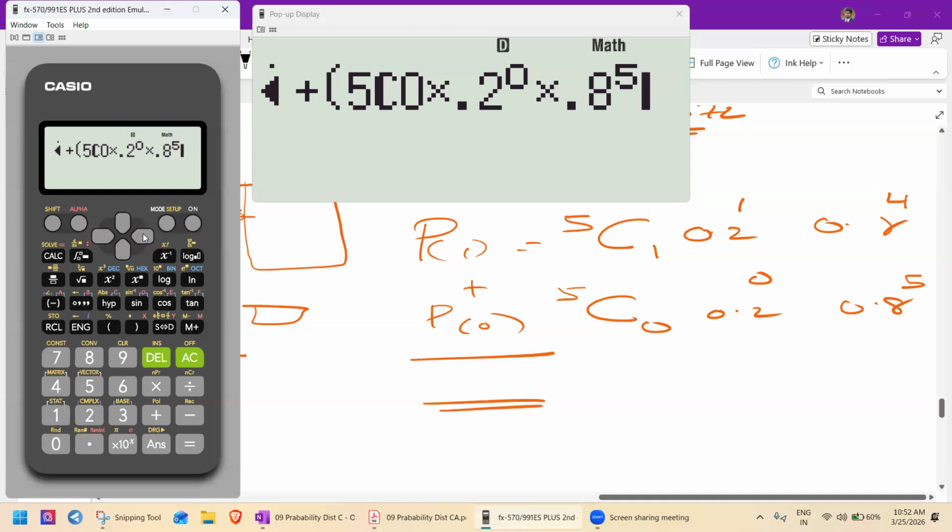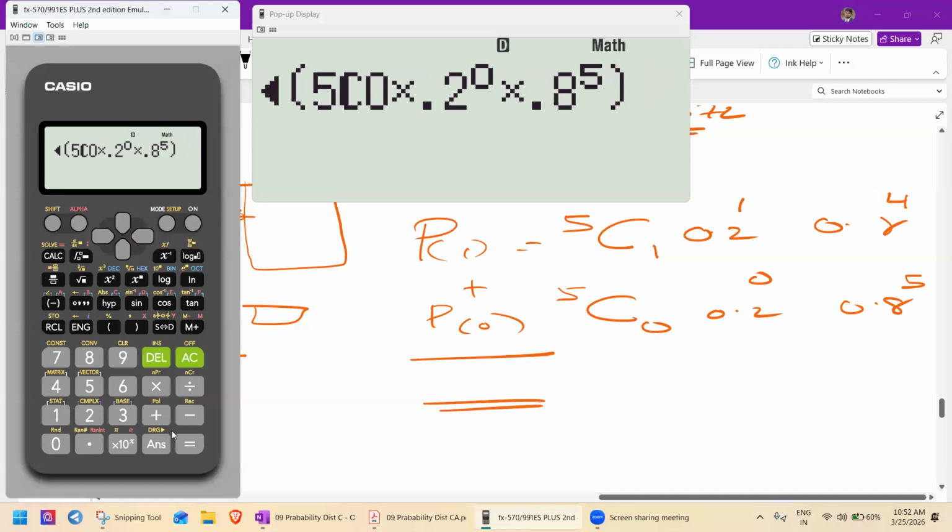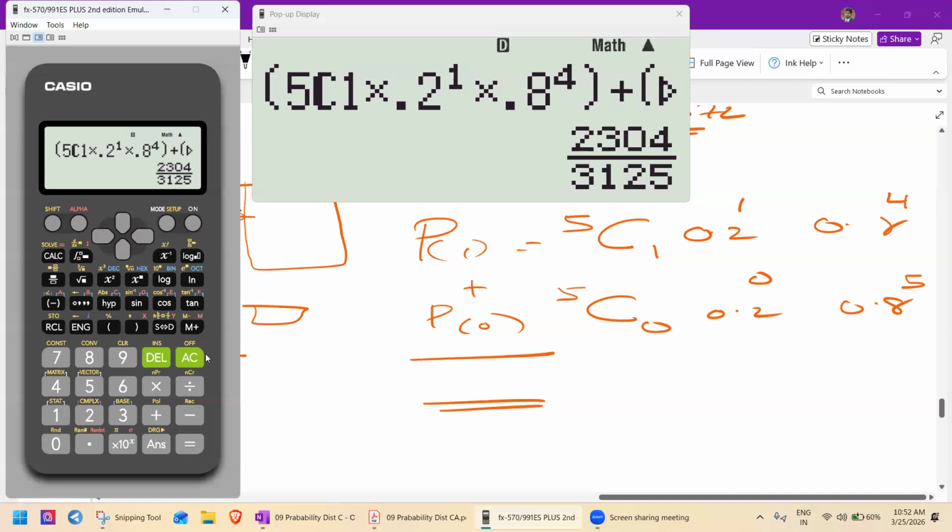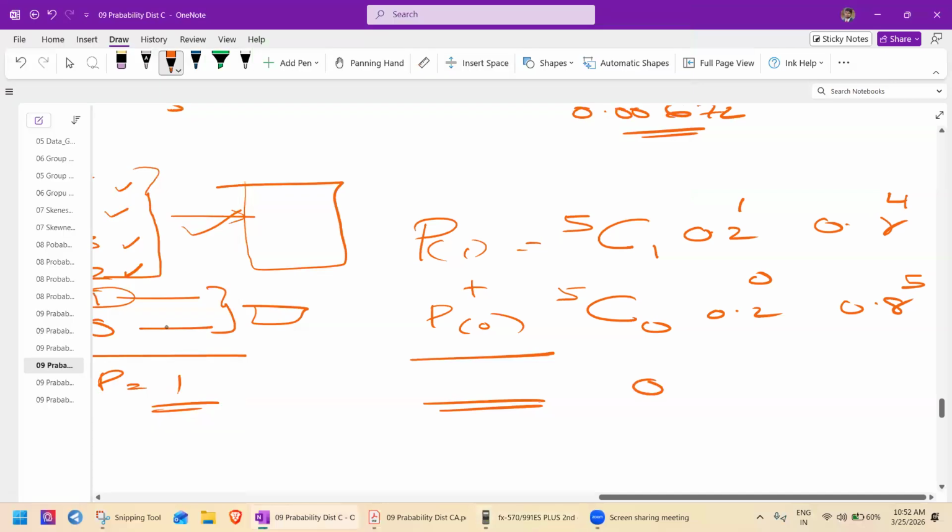Then close the bracket. Then we will get 0.7372. So this is P0 and P1.